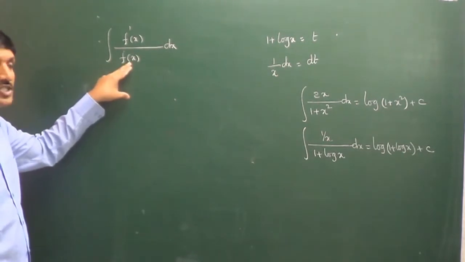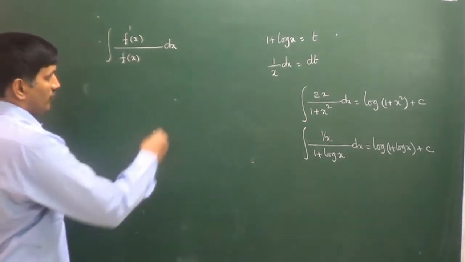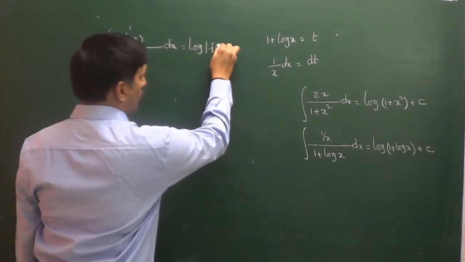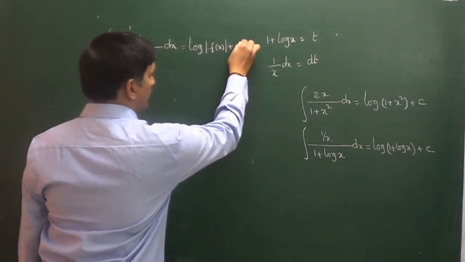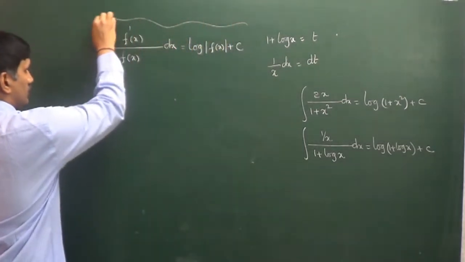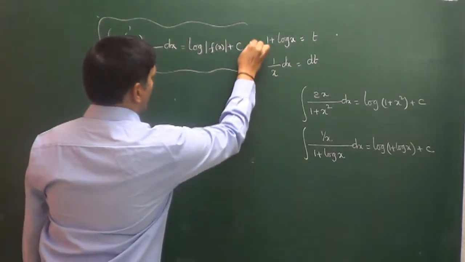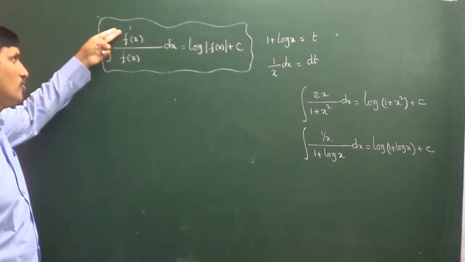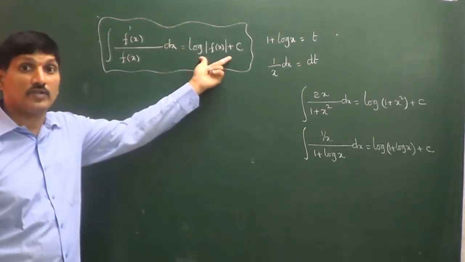The denominator's differentiation is there in the numerator, so we can write the answer as log of the denominator, log of mod f of x plus c. Whenever the denominator's differentiation appears in the numerator, we can write log of the denominator.